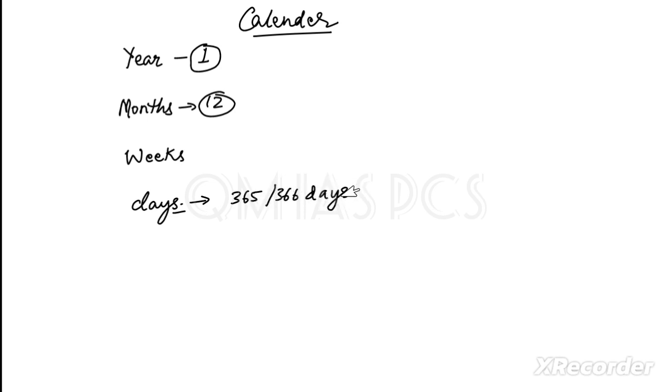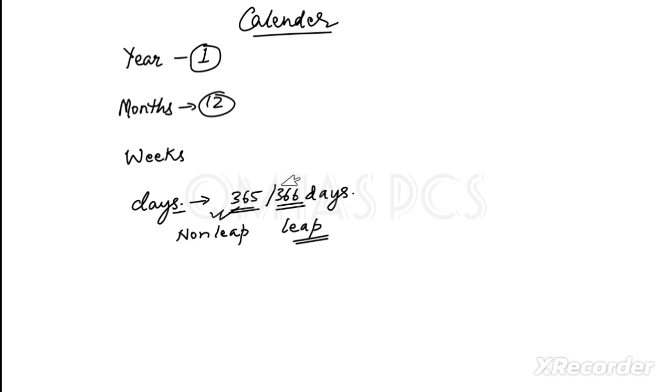But what is the 365 days and 366 days concept? This is for non-leap year, and this is for leap year. But why this difference?